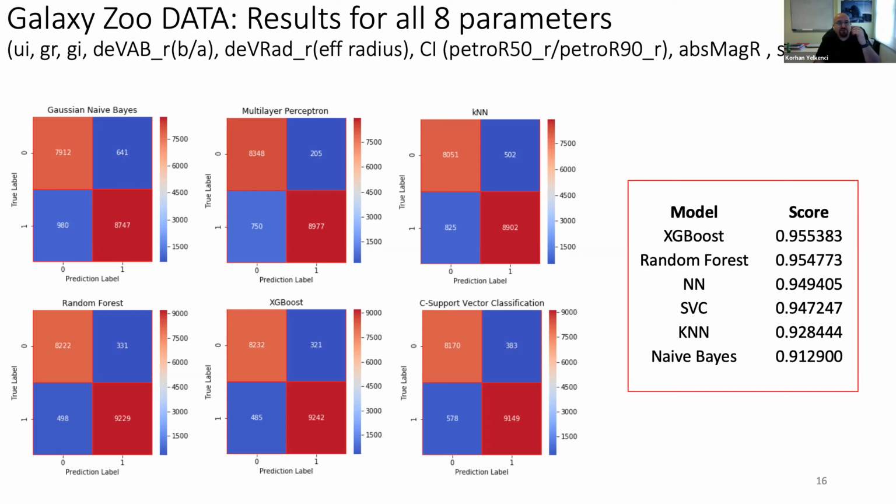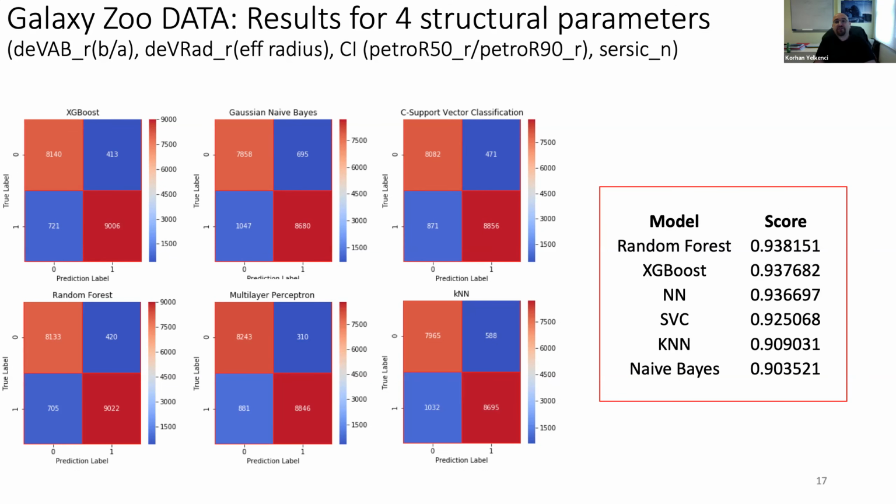So the Galaxy Zoo data is like that, but this is for 8 parameters, so we have 8 different features for those galaxies. If we use 4 structural parameters, as you see in the second synthesis, with the same algorithm, we have a little bit lower accuracy, 93.